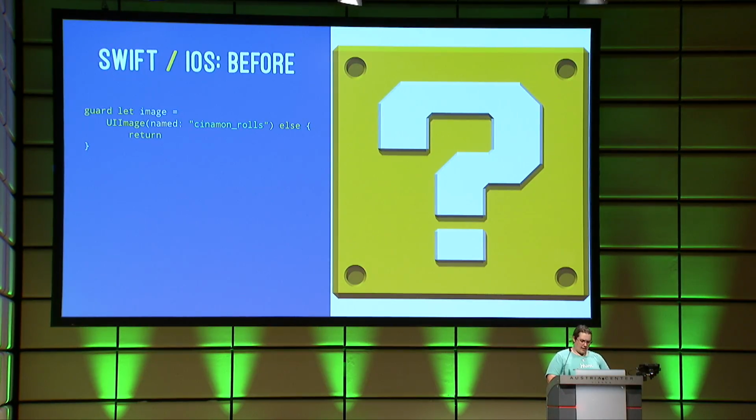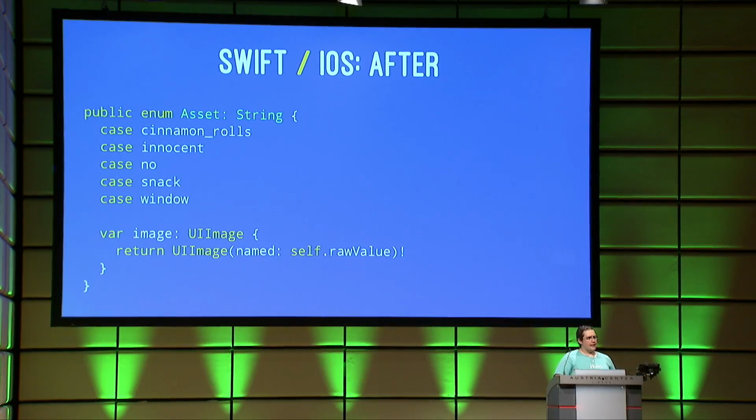If you use an asset enum for this, you can pass that string value into UIImage with self.rawValue and then force unwrap. So at runtime, either you'll get an immediate crash when you access something and you'll at least know it's gone, or you will know that it's not being properly handled.